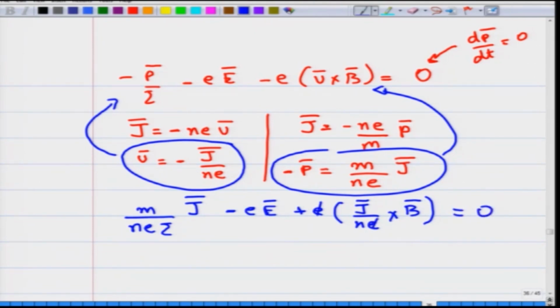And now you can readjust the whole thing.